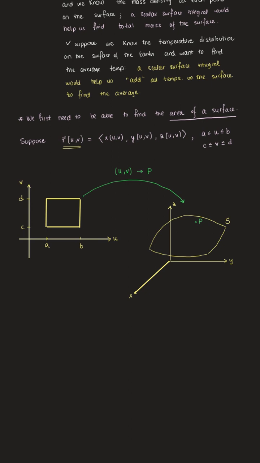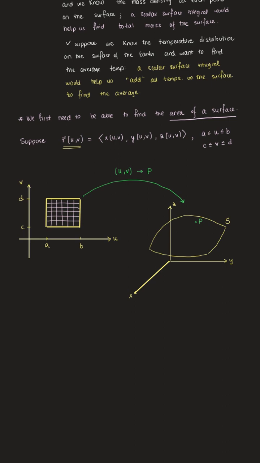Well, let's partition the rectangle in the uv plane. If I break this up into a lot of tiny little rectangles, we basically want to know what happens when one of these little rectangles is transformed by our vector function onto the surface.